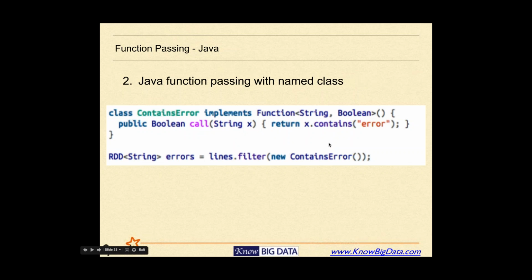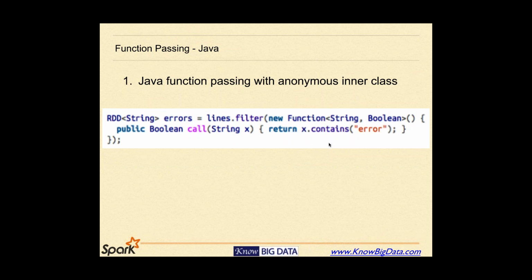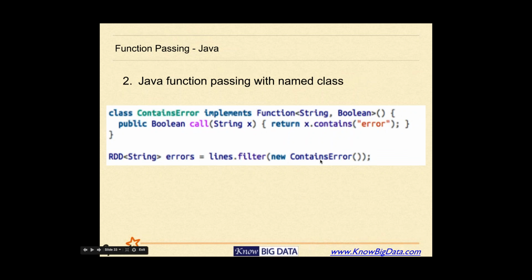All right. So these are the two ways of execution. The problem with this method is that this particular logic cannot be used elsewhere, while this one, new ContainsError, could be used elsewhere as well.